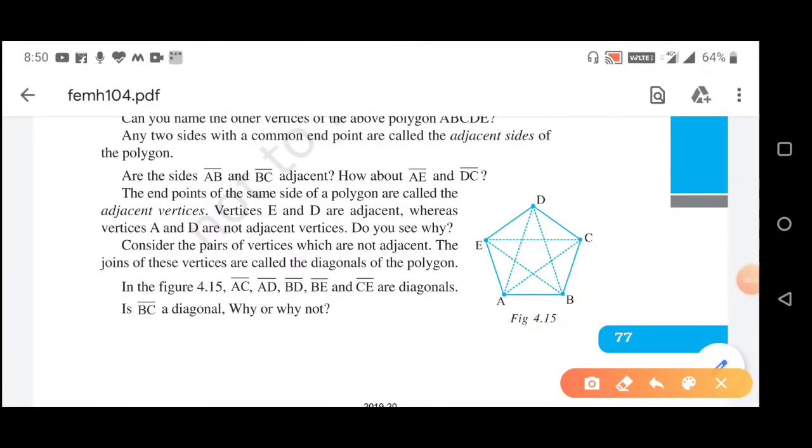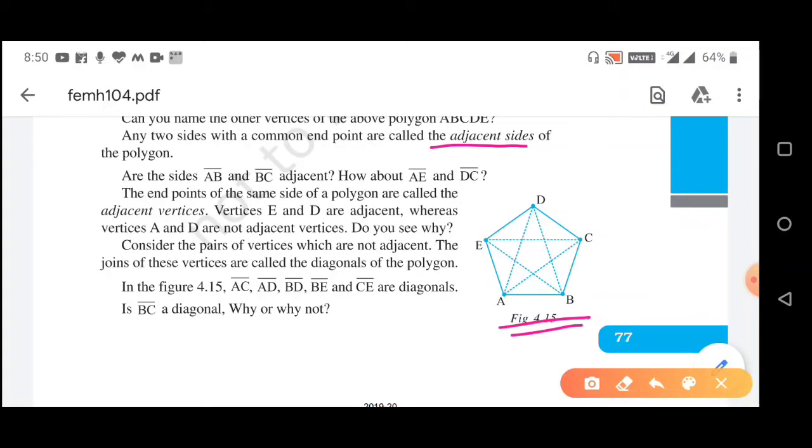Next one is adjacent sides. Suppose we consider this diagram, this is a pentagon, that means a polygon made up of 5 line segments. Any two sides with a common end point are called adjacent sides.